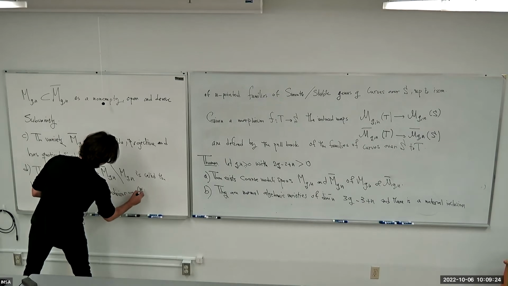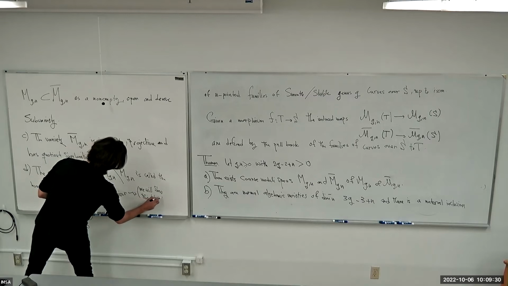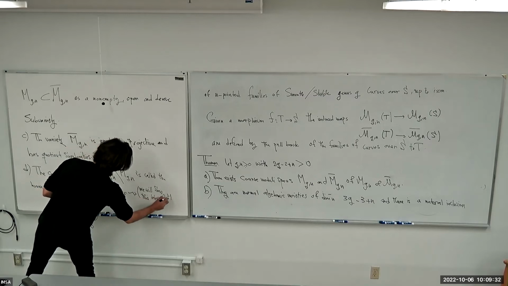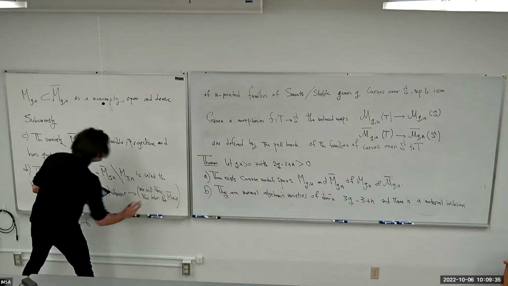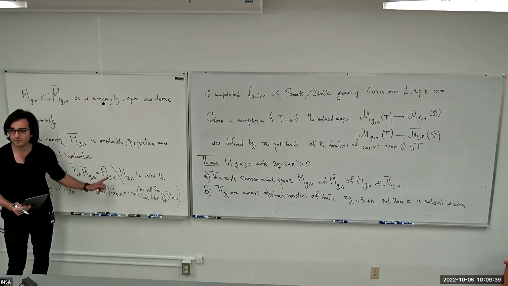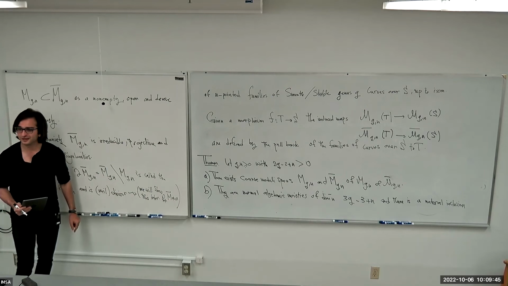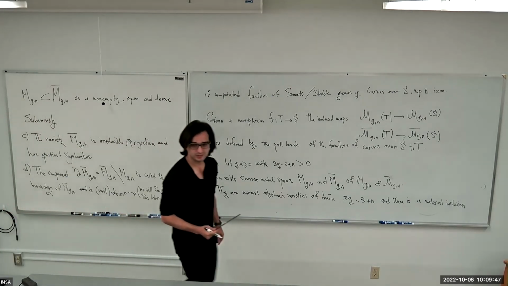We will show this later. For M_0, I'm going to show you what the boundary of this compactification looks like. And I'm going to show you that it's a divisor, of one complex dimension less.